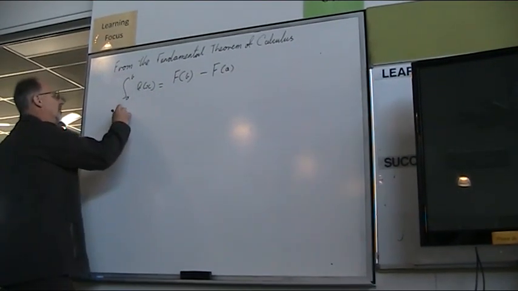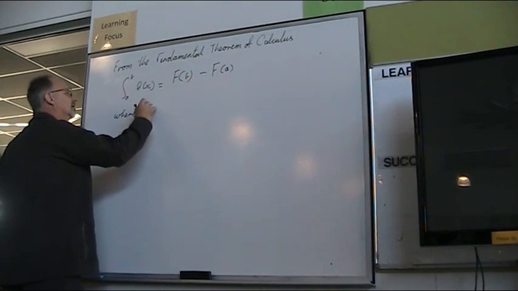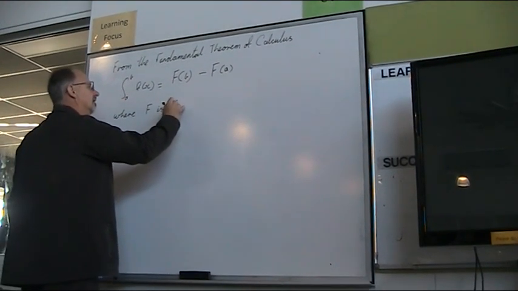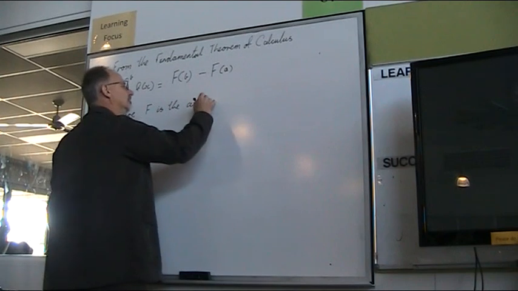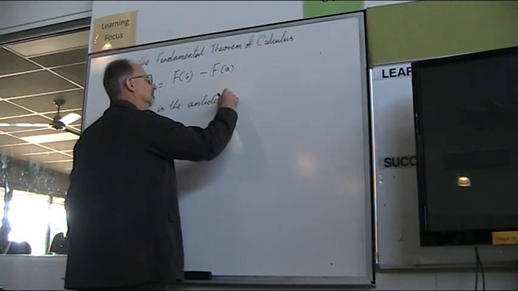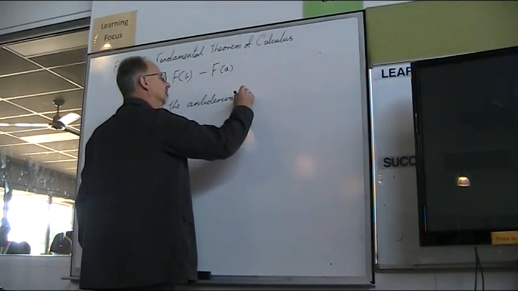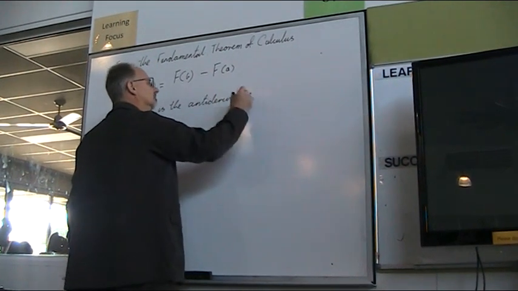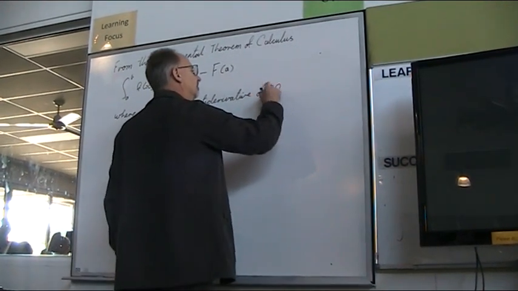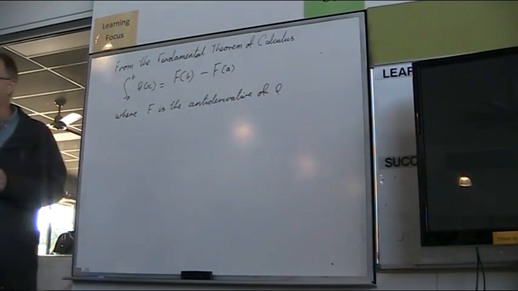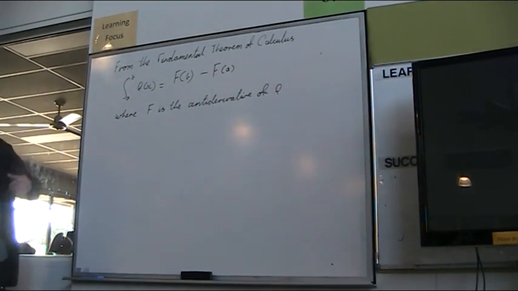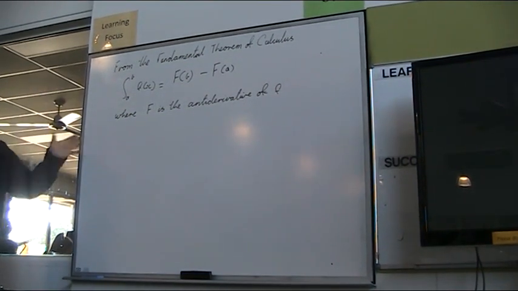And big F is the antiderivative of little f. All right, so that's where the previous bit, the anti-differentiation stuff that we're doing, that's where that comes into it.